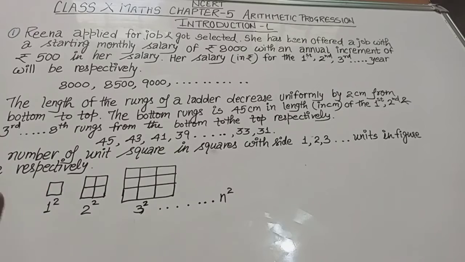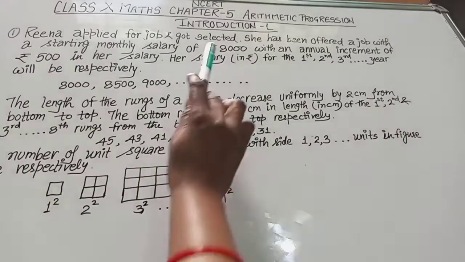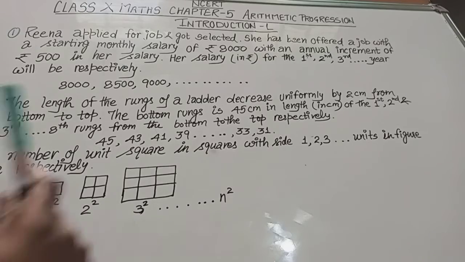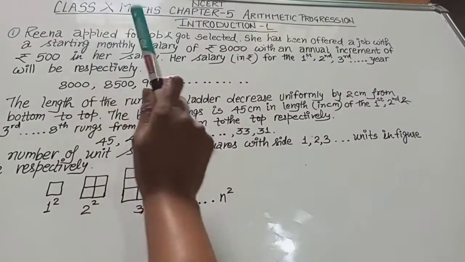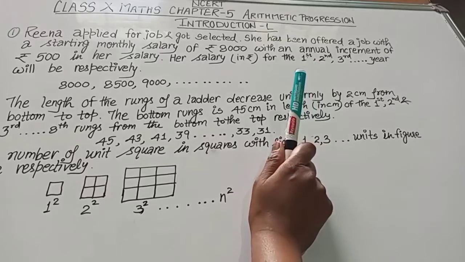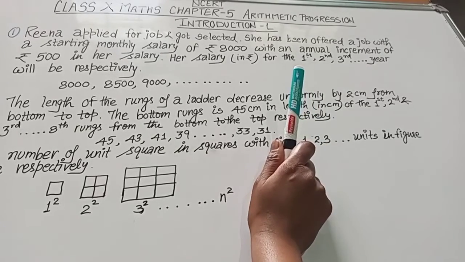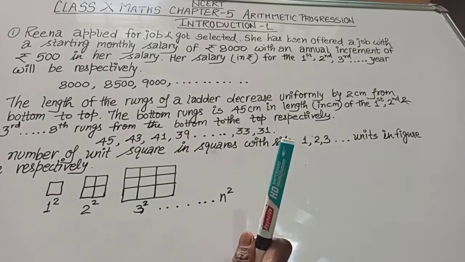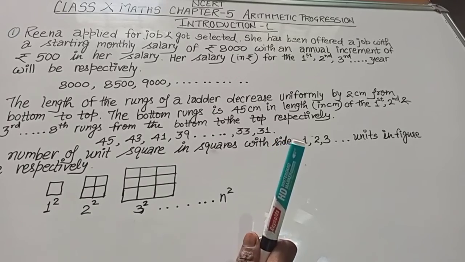The first is Rina, who applied for a job and got selected. She has been offered a job with a starting monthly salary of 8,000, with an annual increment of 500 in her salary.